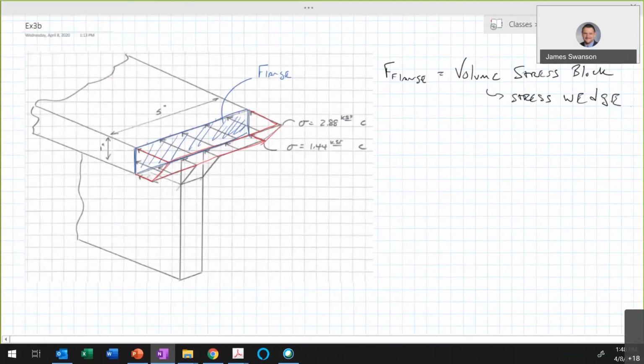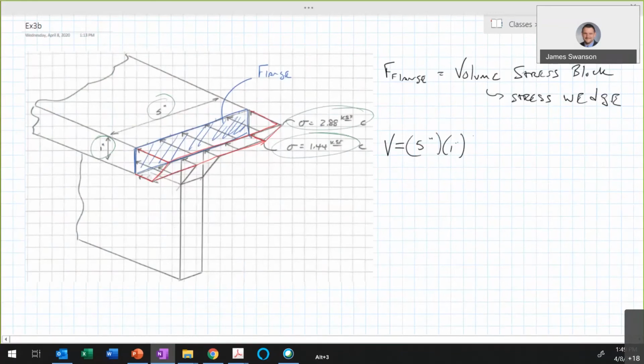So we could figure that out a couple of different ways. Most simply, if we just take the volume of that, we can say that the volume V is equal to, we have 5 inches here, we have 1 inch there, so that surely comes in. So 5 inches times 1 inch. And then we could take the average of these two stresses here, and that would give us the 3rd dimension.